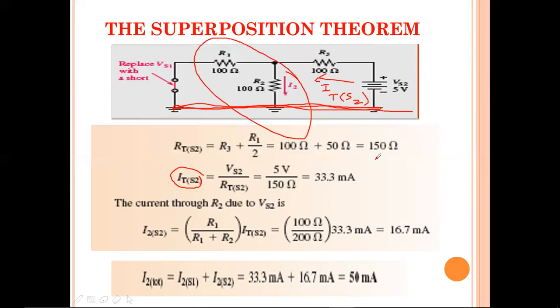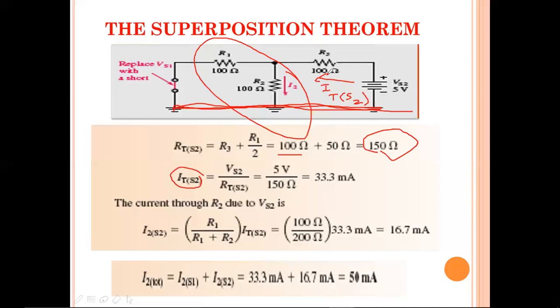The answer may vary by changing the values. So here R3 plus R1 by 2, where R3 is 100 ohms. R1 by 2: both resistances are the same, 100 and 100, so it becomes 50 ohms. 100 plus 50 is 150 ohms. Then it becomes 150 ohms.